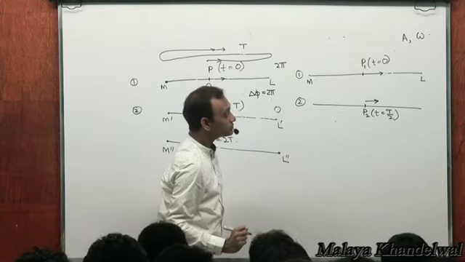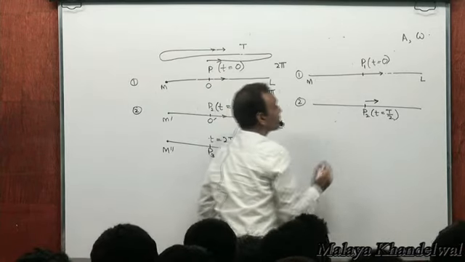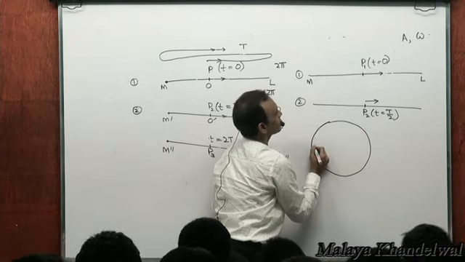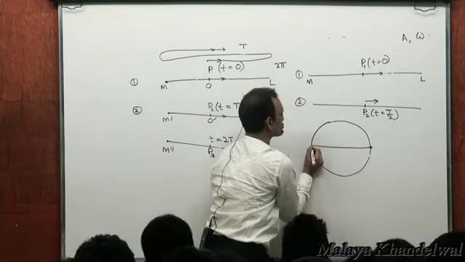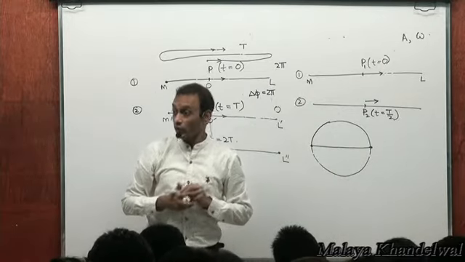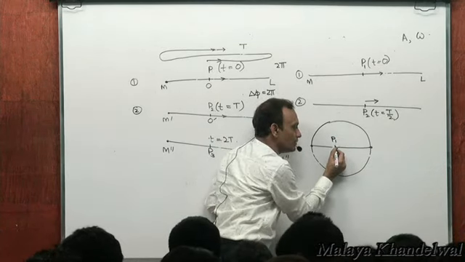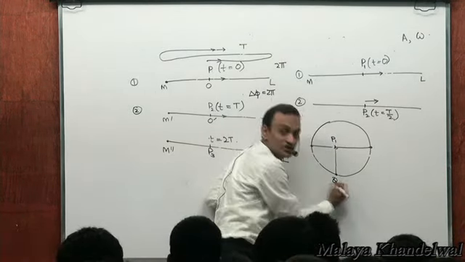Now, let me look at the auxiliary particle implication of this. Between, say, these two extremes, I am superimposing these two. Now, by the time the motion of this starts, the corresponding auxiliary particle in capital T seconds described 2 pi radians. So in T by 2 seconds it will describe pi radians. Therefore, when P1 was here, its auxiliary particle Q1 was here at time t equal to 0.